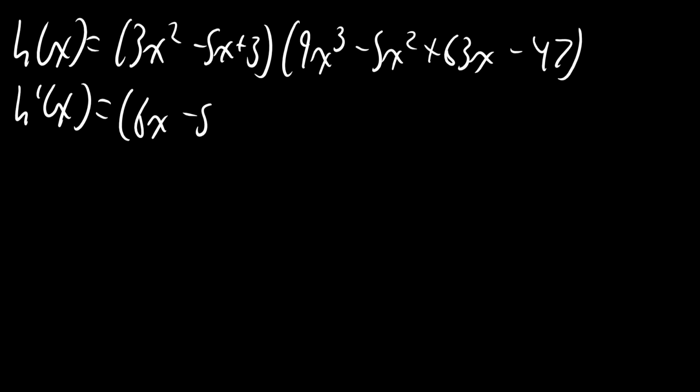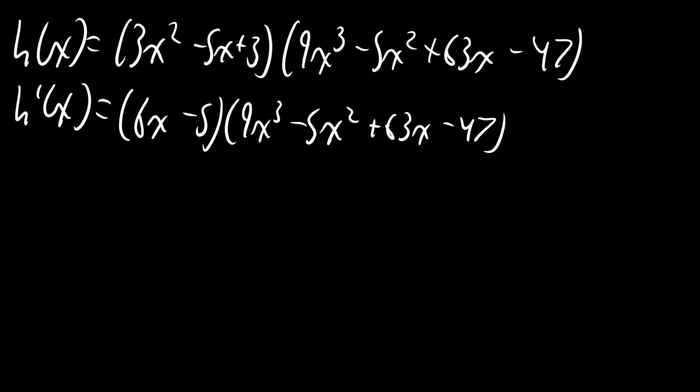6x minus 5. And then we multiply that by this function, left underived, like this. Plus, and then this equation derived would be 9 times 3, 27x squared, minus 10x, plus 63.